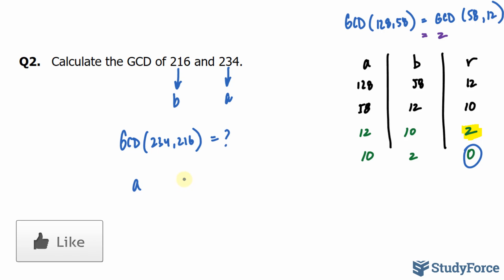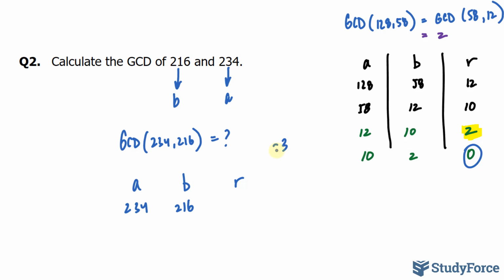We'll say A, B, and R. A is 234, B is 216, and we have to divide them. So that's our dividend, and that's our divisor. 234 divided by 216. It's clear that 216 fits once into 234, and the remainder is 18. You can verify that on your own.